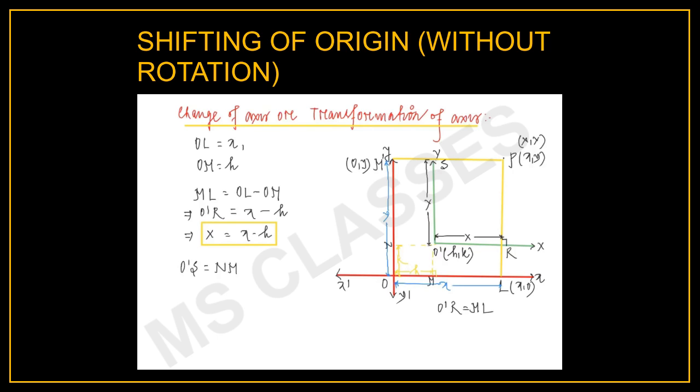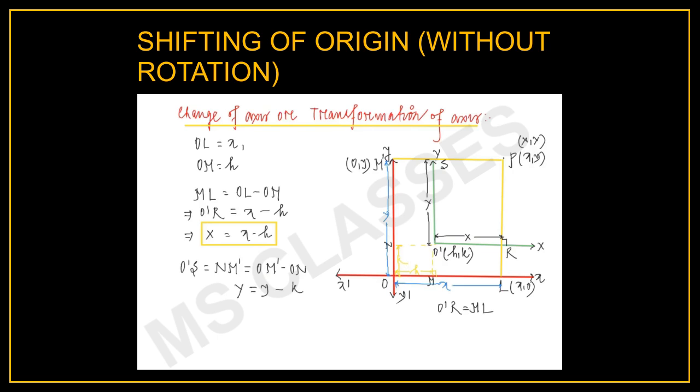Now NM we can find by OM prime minus OM. NM prime is OM prime minus OM. Now here OM prime is y, minus ON, which is k. Now O prime S is what?